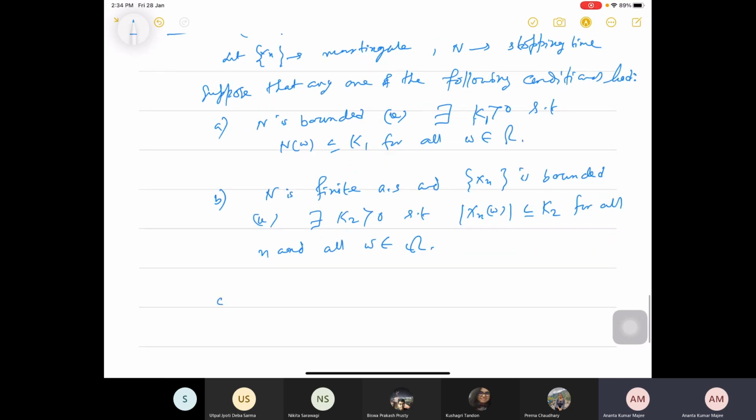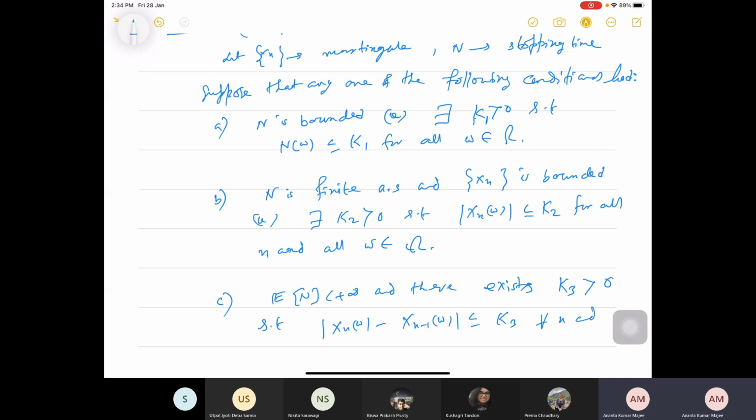Okay, and condition C, I am saying that the expectation of N is finite and there exists a k3 positive such that the consecutive difference of X, X of (n+1) omega minus X of n omega, is less than or equal to k3 for all n and all omega in Omega.